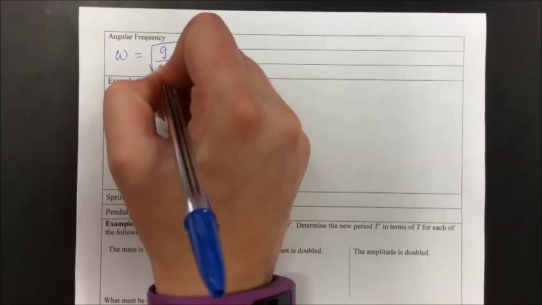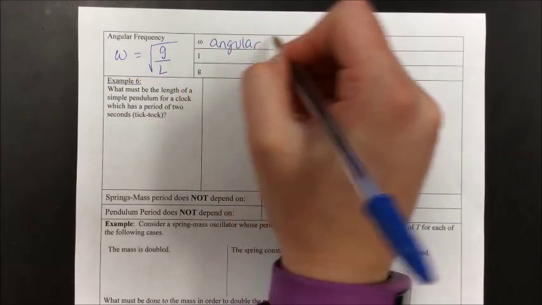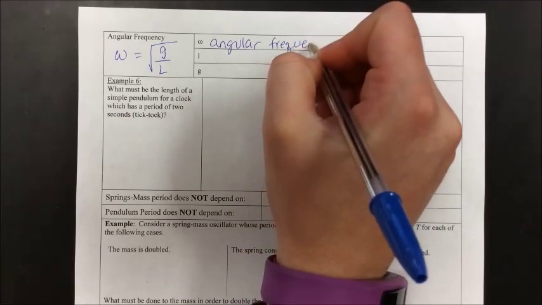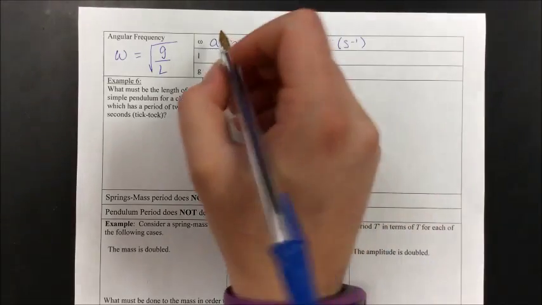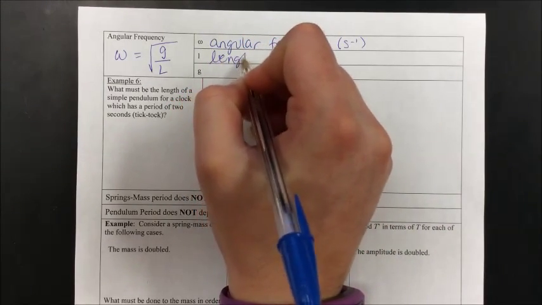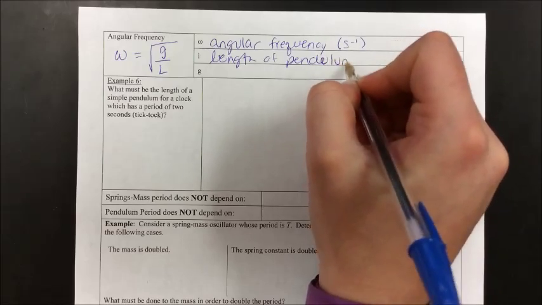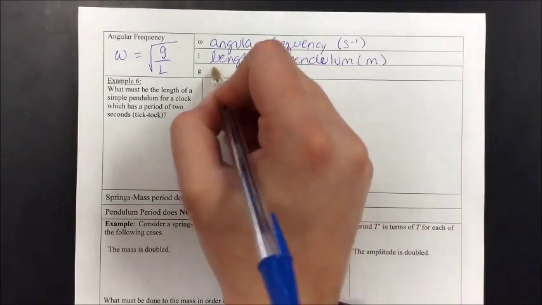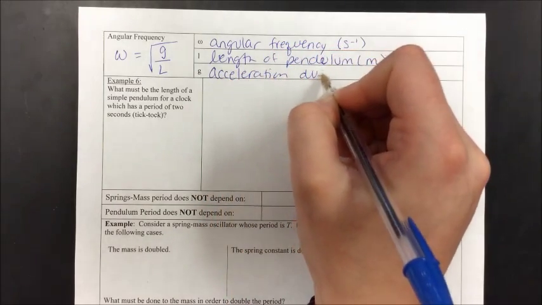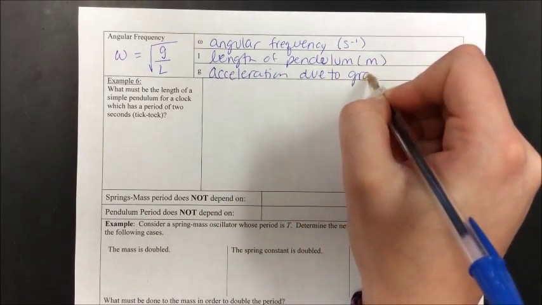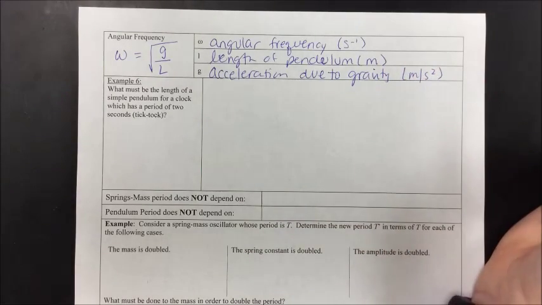So this will be g divided by L. So here we have angular frequency, in seconds to the negative 1, and we have the length of the pendulum in meters, and then acceleration due to gravity, meters per second squared.